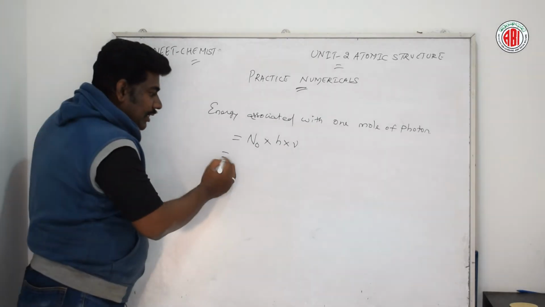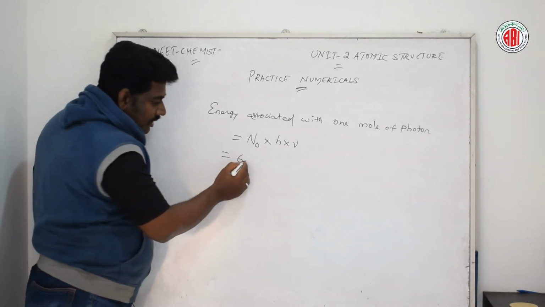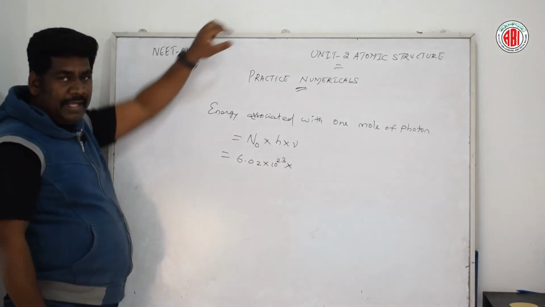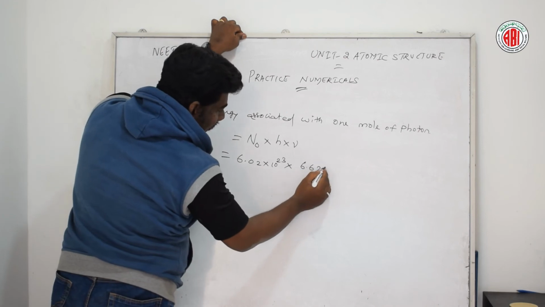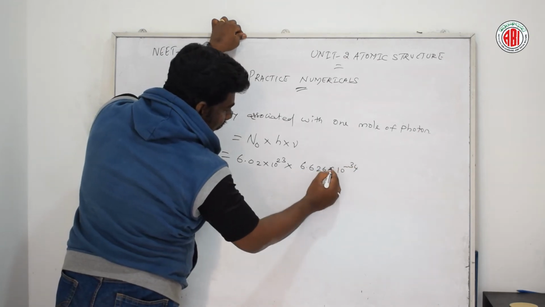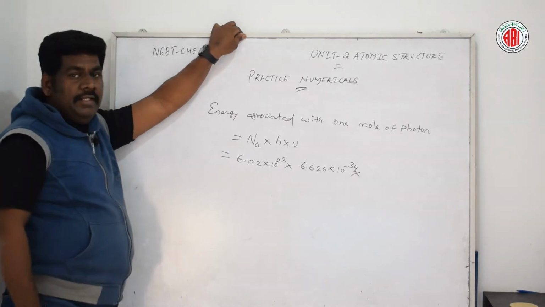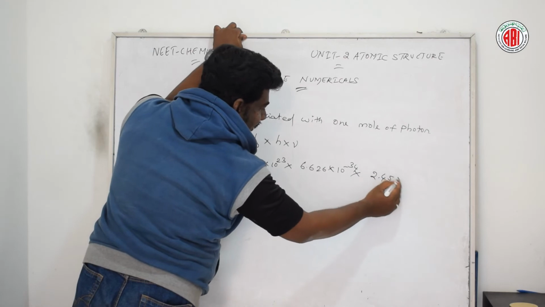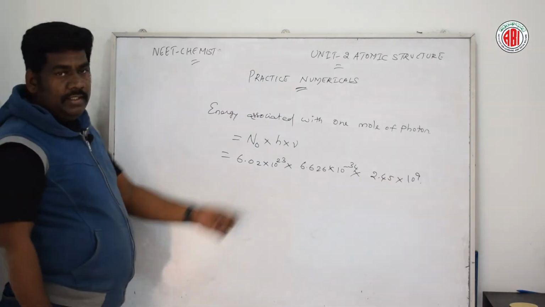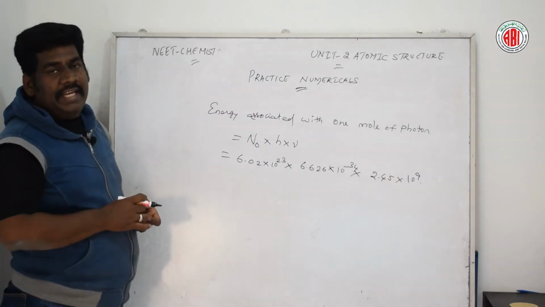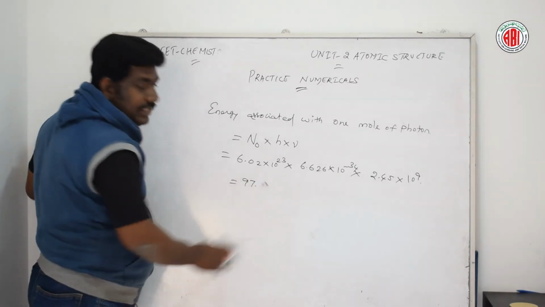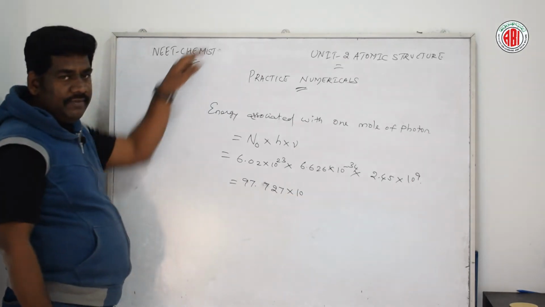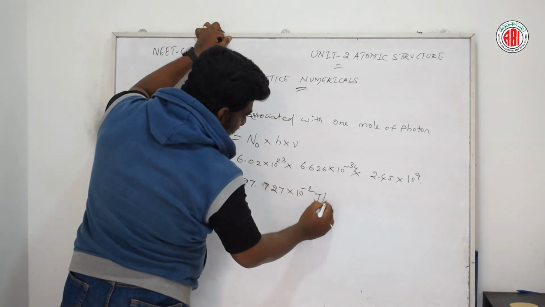That is nothing but the value for Avogadro, 6.02 into 10 to the power of 23, into h, which stands for Planck's constant, 6.626 into 10 to the power of minus 34, into the nu value, that is 2.45 into 10 to the power of 9. Simplifying this, we get the energy associated with 1 mole of photon, that is 97.727 into 10 to the power of minus 2 joule per mole.